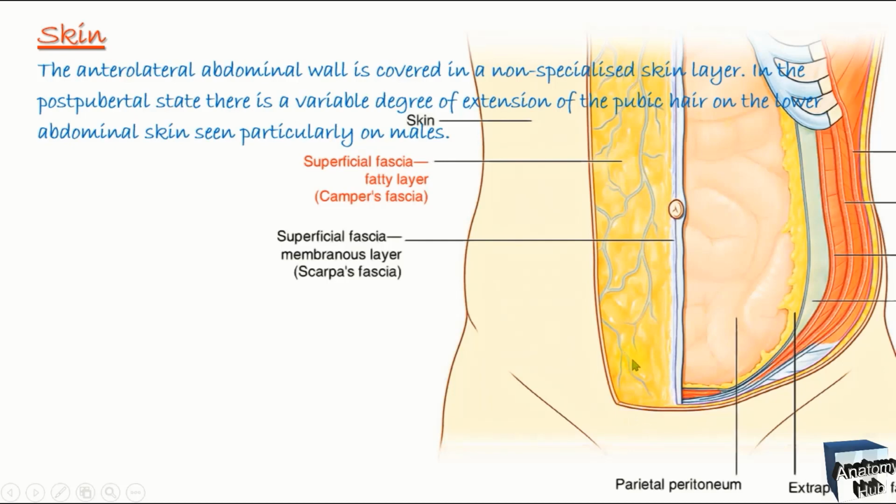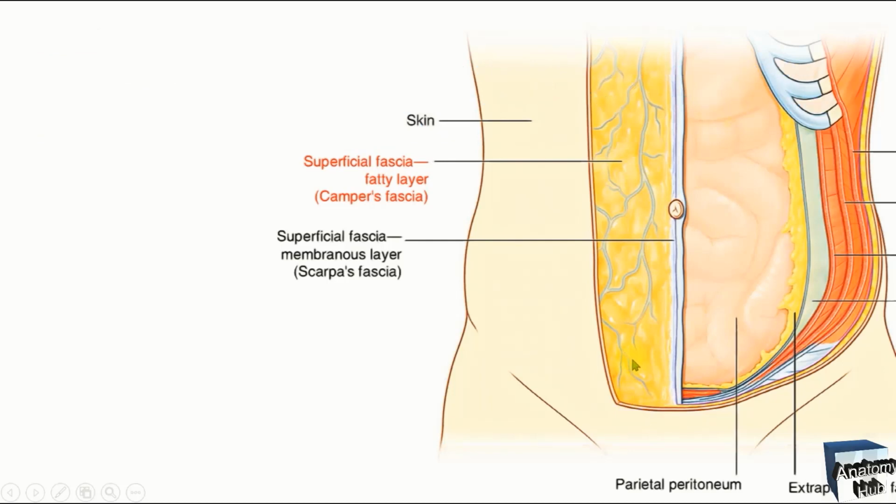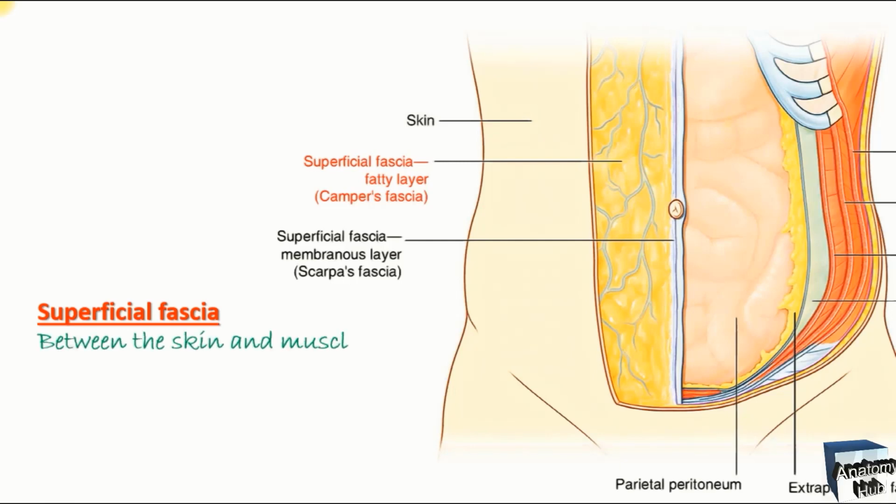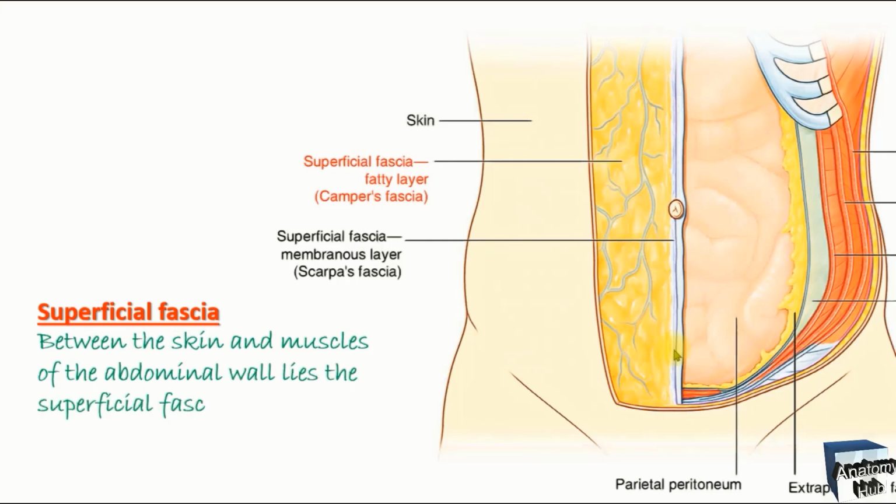Here you'll find a deep membranous layer, just below the Camper's fascia. You'll find the Scarpa's fascia. So this is your Scarpa's fascia.